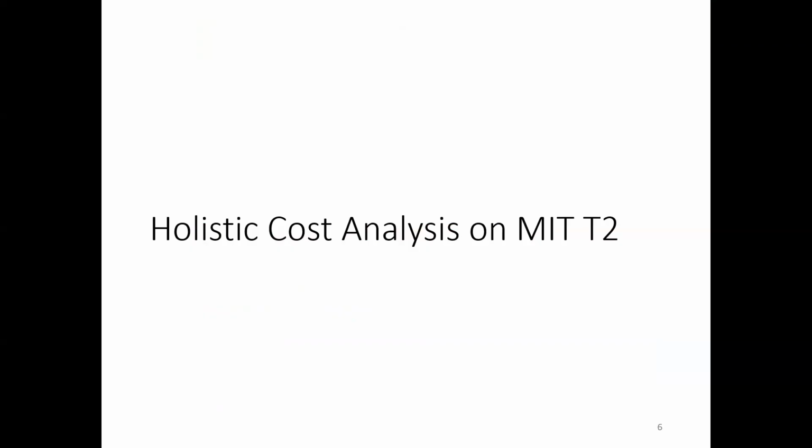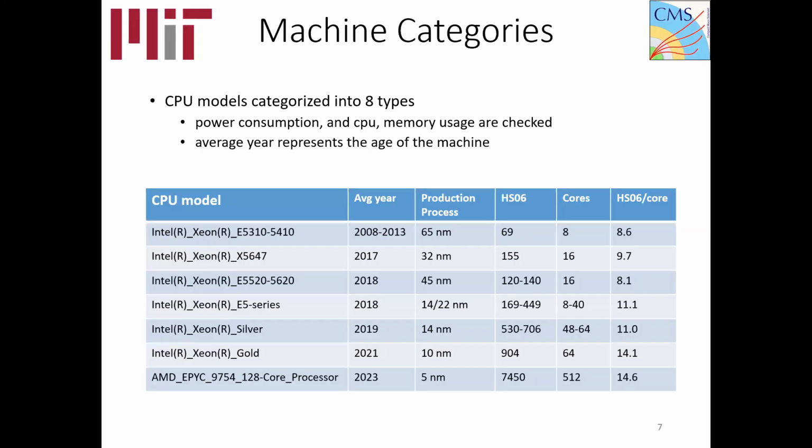Here I'm going to talk about the details of the cost analysis. Among the MIT Tier 2 Center, we have different types of CPU models. In the table, you can find the full list of the CPU models that we use in this cost analysis. We have some very old hardware, more than 15 years old, and it kept working. So we kept it and we use it here for this exercise. We have hardware across almost 20 years.